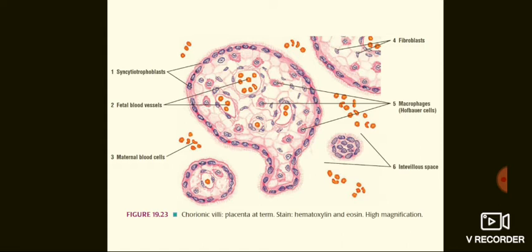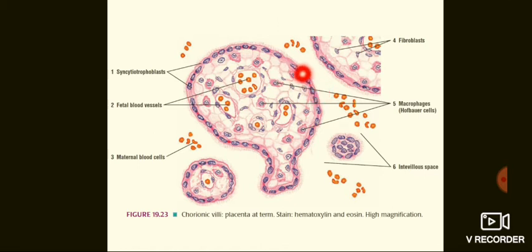The placental barrier is composed of the following layers in the early pregnancy up to the 20 weeks of pregnancy. The outermost layer is the syncytiotrophoblast.